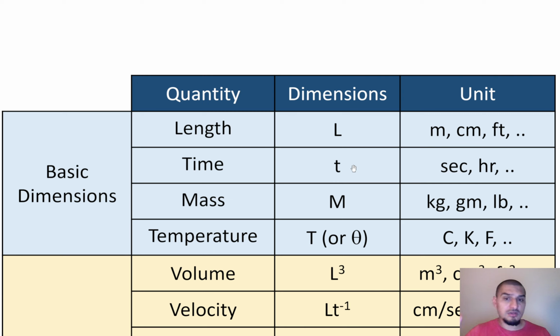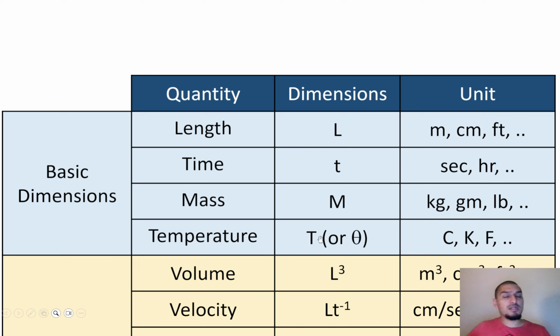They're all units of time. For the mass, it has a dimension M, and this mass can be described by many units like kilogram, gram, pound, ton, milligram, whatever the units. These are all units of mass. The temperature, you have Celsius, Kelvin, Fahrenheit, and they are all dimensions of T.